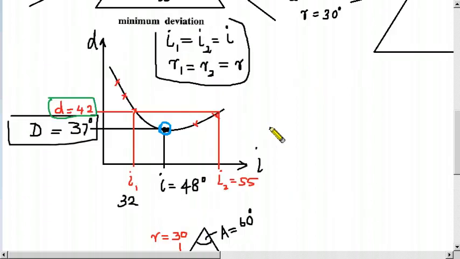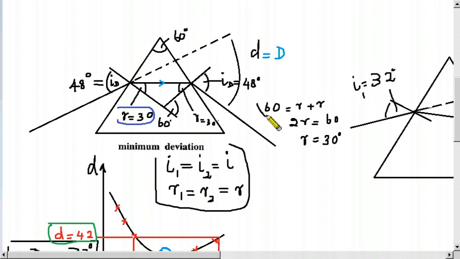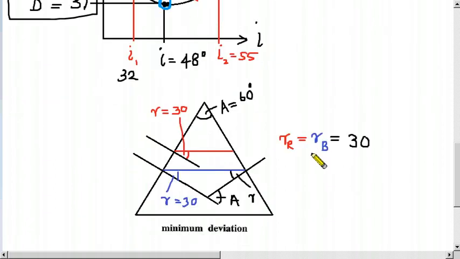I explained here how we get the value 30. So like this, r plus r equals 60, that is the angle of prism. So 2r equals 60 and r equals 30. So this is the condition.